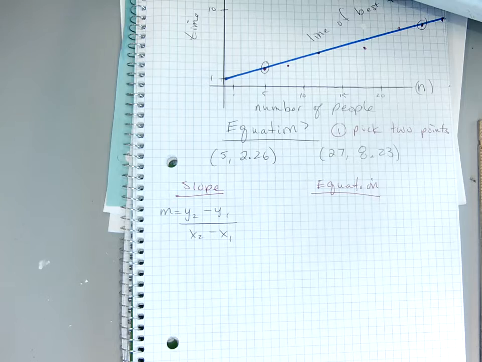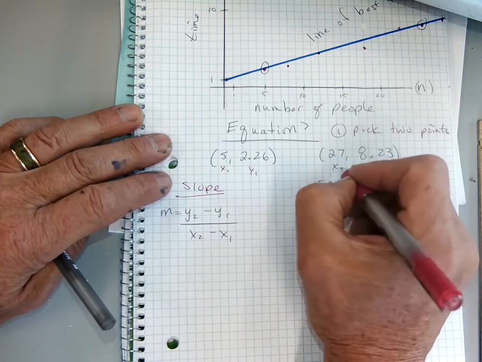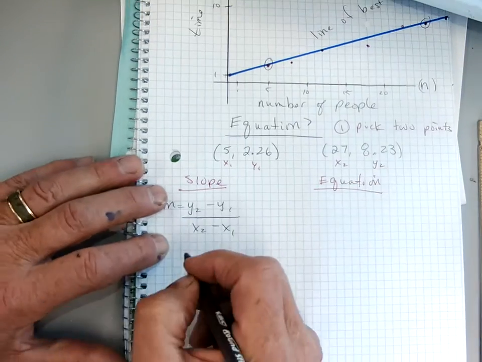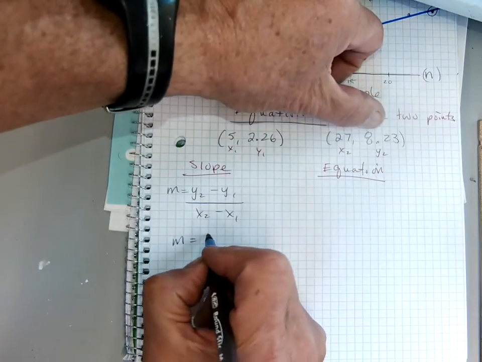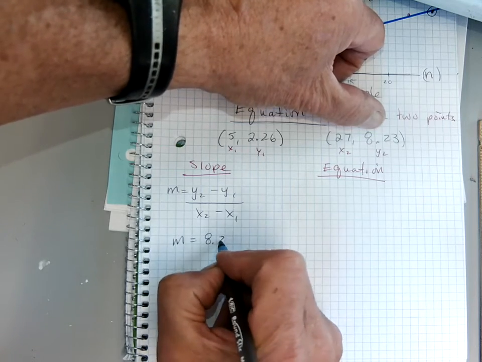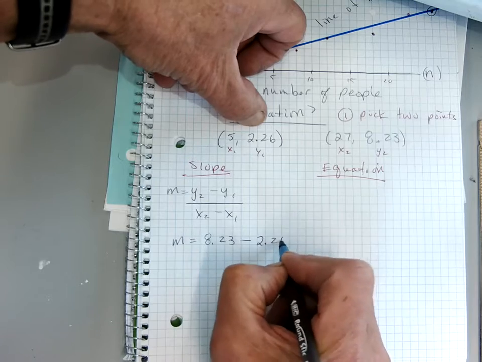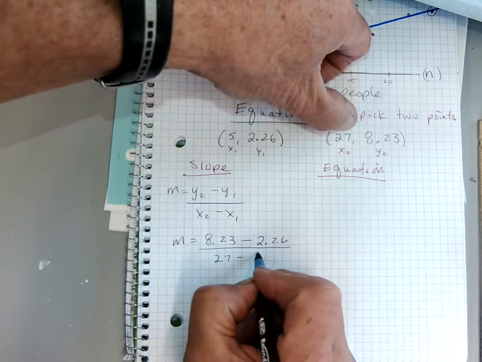That's okay. I can live with it. So I'll plug those values into my slope formula. m equals y2, which is 8.23, subtract y1, 2.26, over x2, which is 27, minus 5.